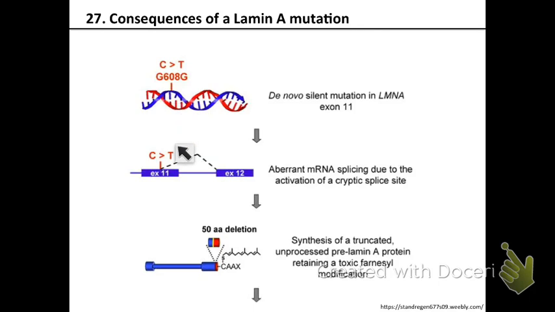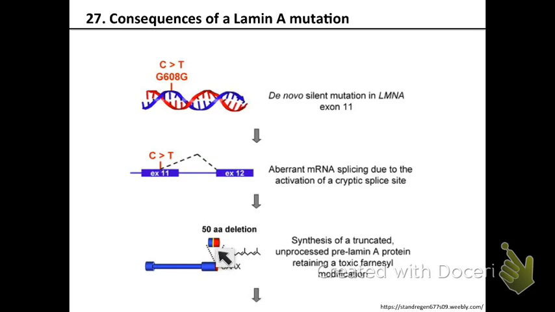It doesn't change the amino acid, but it changes the splicing of the protein. What happens is when you have this mutation, exon 11 gets spliced in the middle into exon 12. Okay? And what that does is it removes about 50 amino acids from the protein at the end of this exon 11, right? So you no longer have that because you spliced it out.